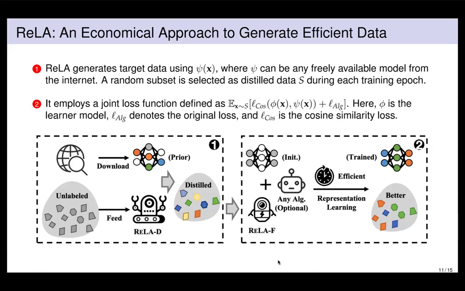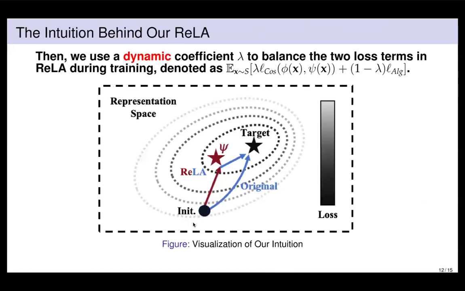And now I'm going to introduce the intuition behind our RELA. Before that, I will introduce that we use a dynamic coefficient, that's lambda, to balance the two loss terms in RELA during the training, denoted as this equation.